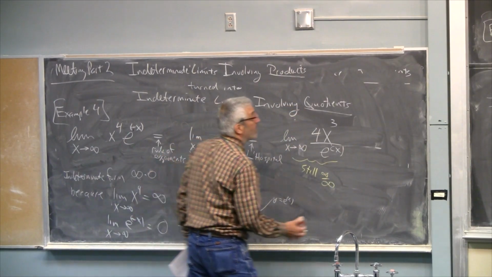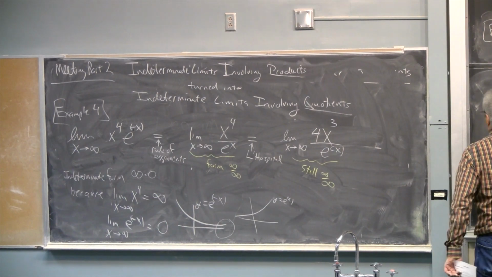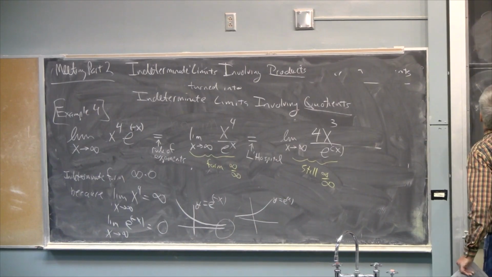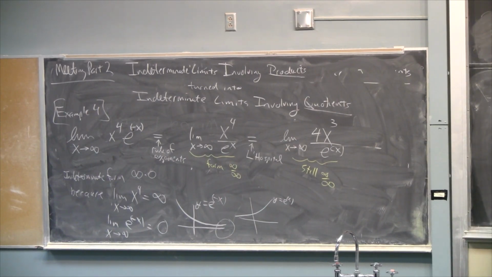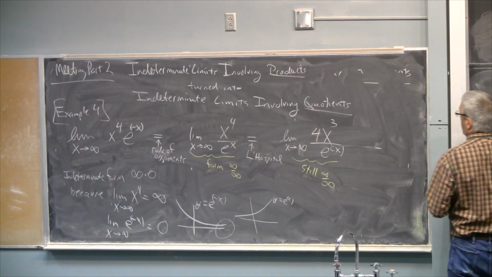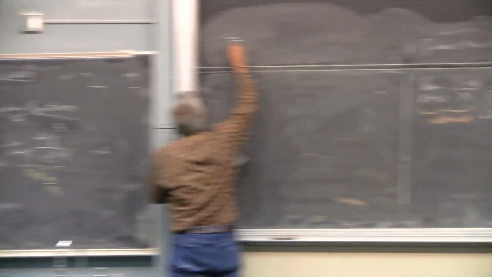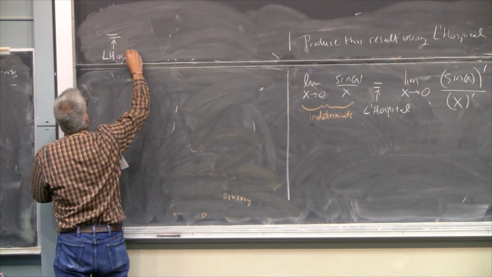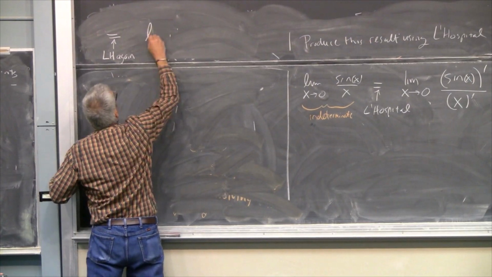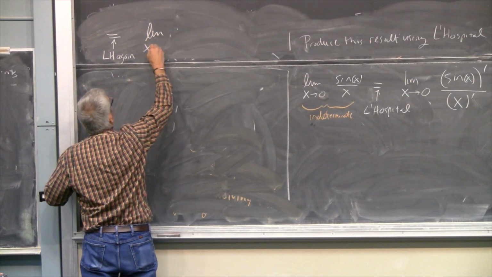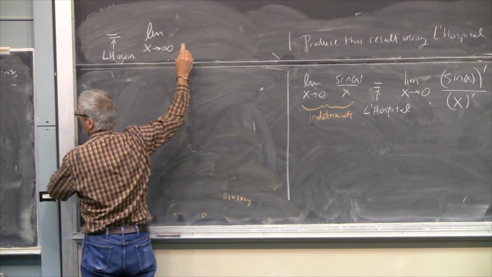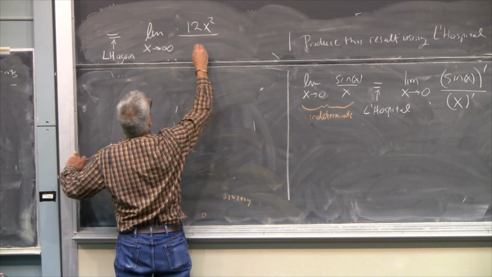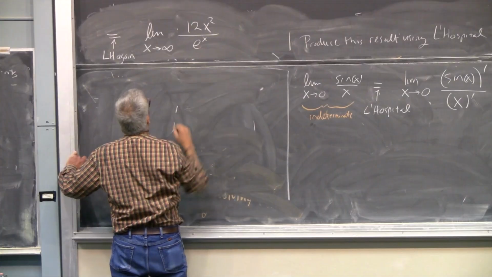Okay, well, let's go on over here. So we're going to use L'Hopital again. So we have to copy the limit down every dang time. The limit as x goes to infinity. Take the derivative of the numerator, and I get 12x squared. Take the derivative of the denominator, and I still get e to the x.